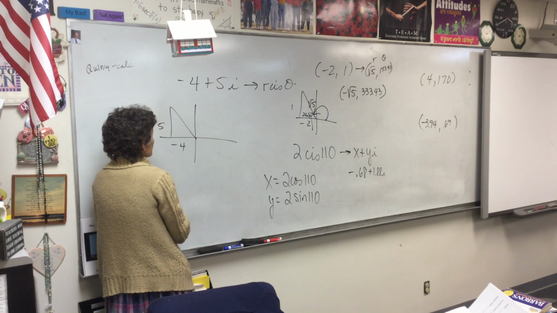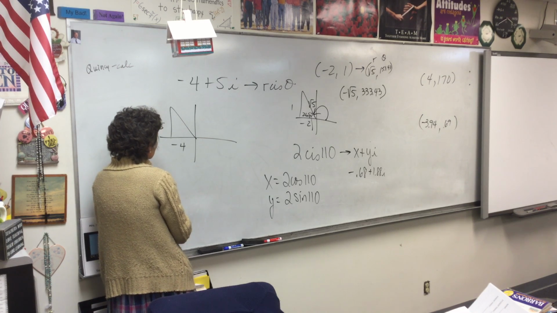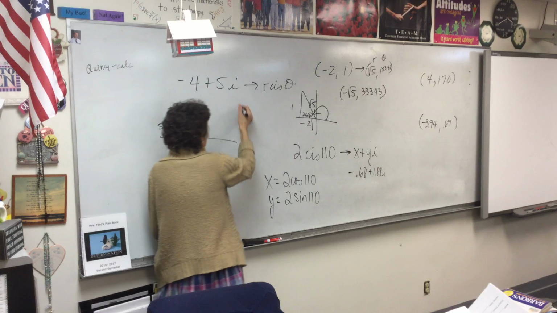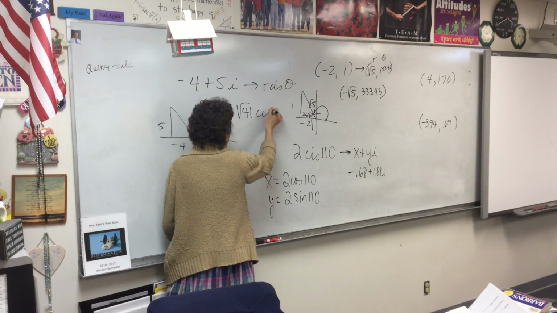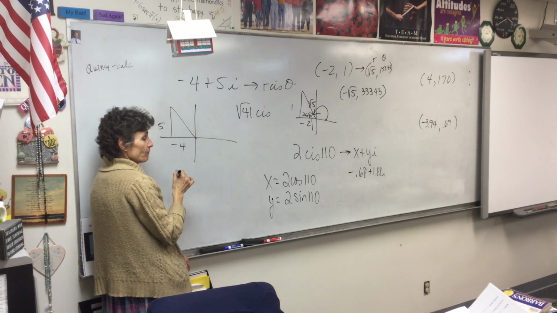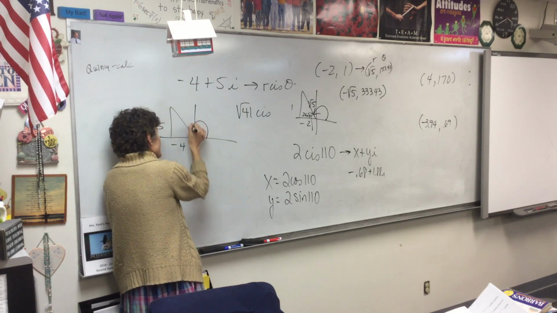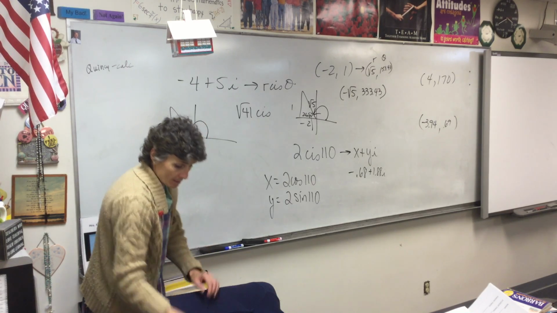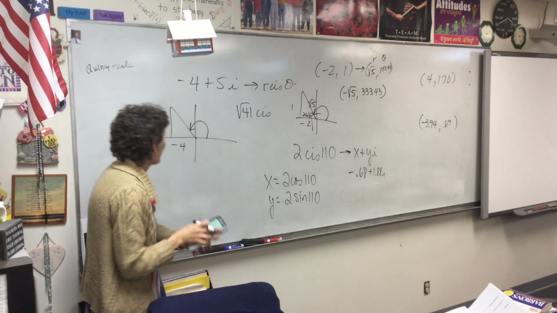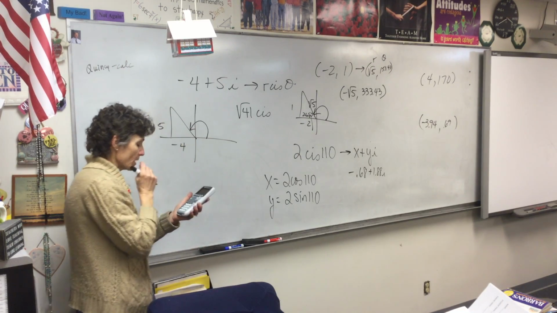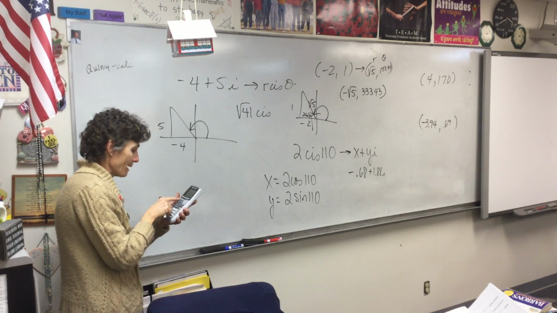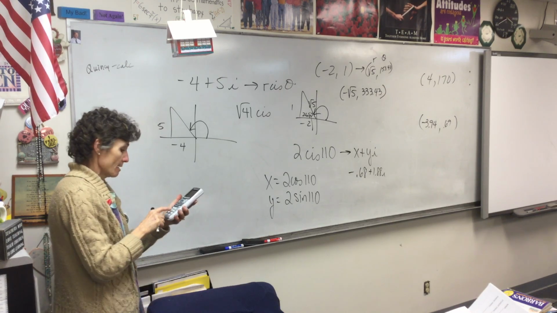All right, so what's r? 41. Now be careful, this is another one of those. This is theta. But we're going to find this first by taking the inverse tangent of 5/4.